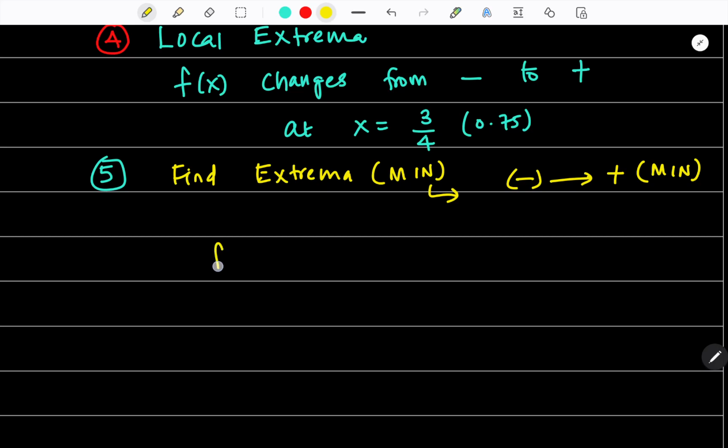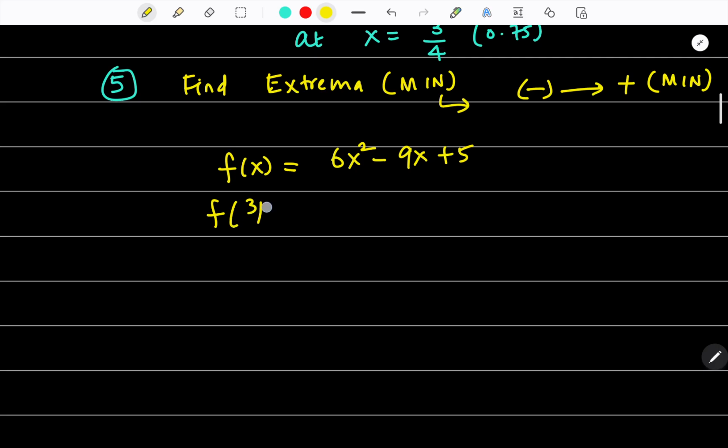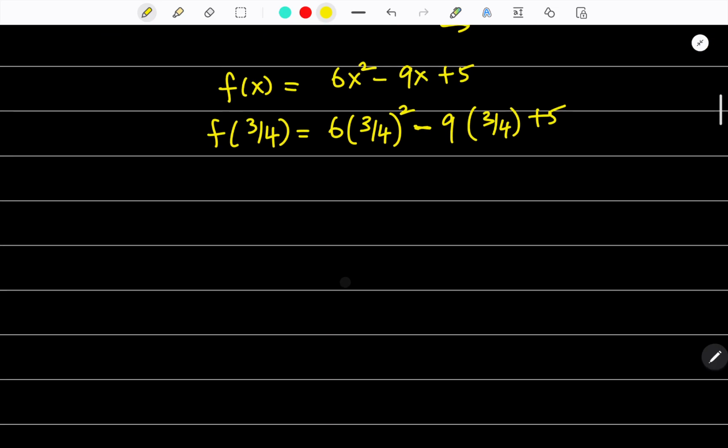Okay, right. So what is your f of x? Your f of x is 6x square minus 9x plus 5. So I am going to put f of 3 over 4 in this equation. So 6 times 3 over 4 the whole square minus 9 times 3 over 4, and then plus 5. So what happens now?